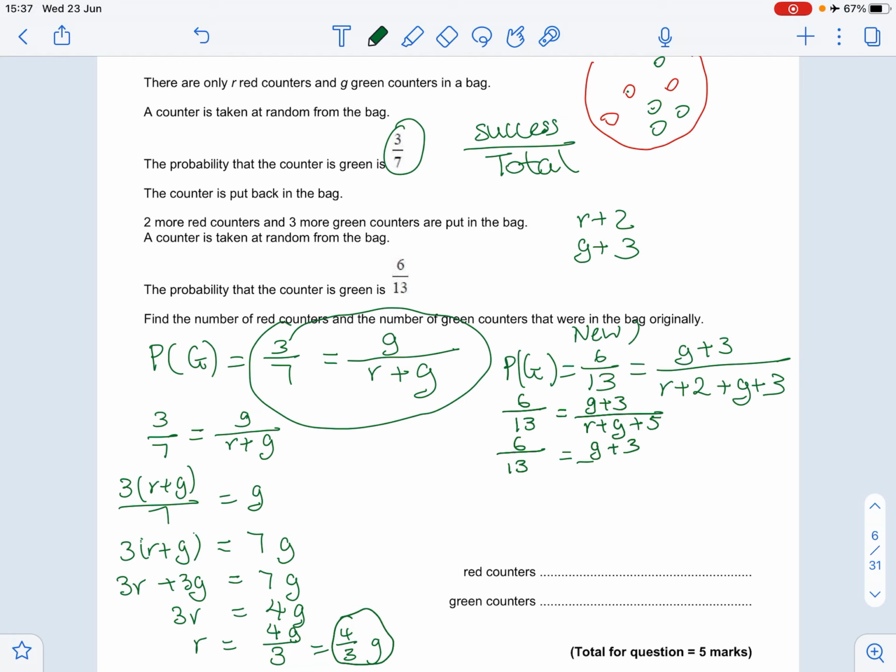So G plus 3 over 4 over 3G plus G plus 5. Let's just simplify this a little. So 6 over 13 is the same as G plus 3 divided by 4 over 3G plus G, so that's 4 over 3 plus 1 is 7 over 3G.